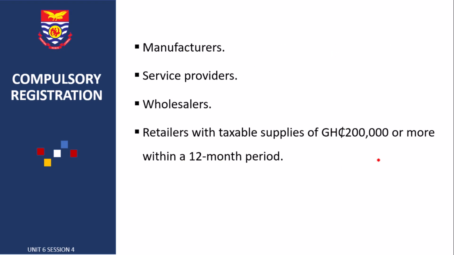The VAT Act imposes on some categories of business the obligation to charge the tax. So this is compulsory registration. We have manufacturers, for example, manufacturers of soap, cement, etc. We have service providers. Under this, we can have laundry, communication service, etc. Then we have wholesalers.